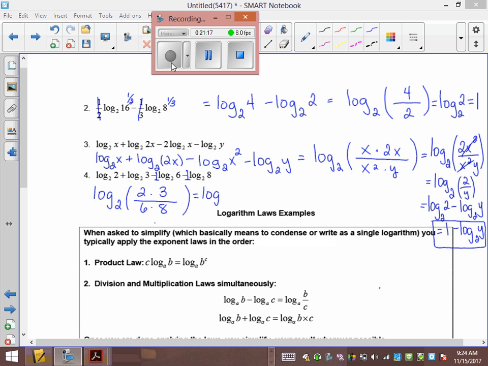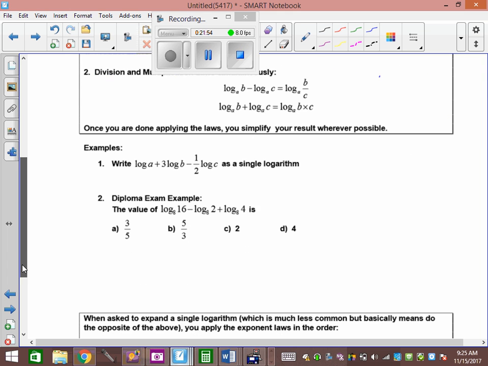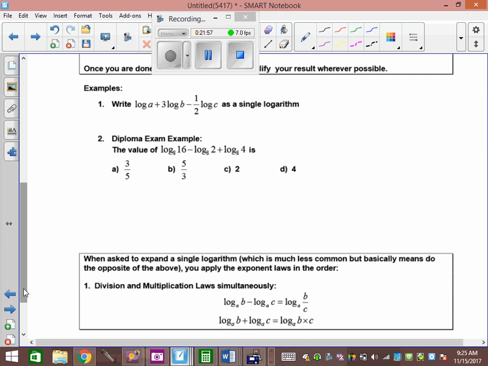So you get log base 2 of 6 over 48, which is equal to log base 2 of 1 over 8. 2 to the what is 1 over 8? Negative 3. You try those two.